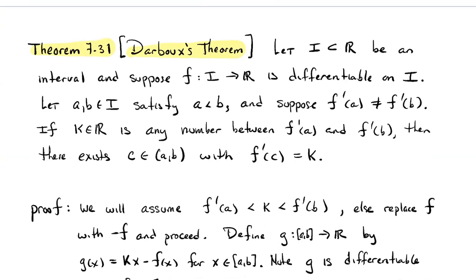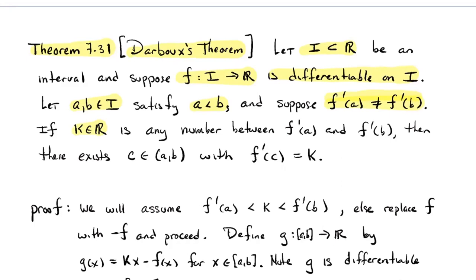But if we kind of walk through the highlights, again, I'll take a function on an interval. Okay, I'm going to suppose it's differentiable on that interval. So I is some interval. I've got a function defined on it. It's got a derivative at every point in that interval. So then if you take 2 points in that interval, say a is less than b, and we suppose that the derivatives there, we're supposing they exist, say they're not equal.